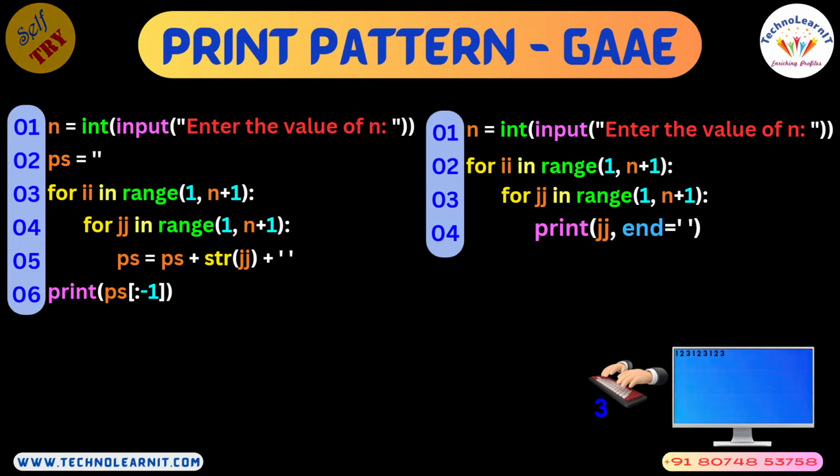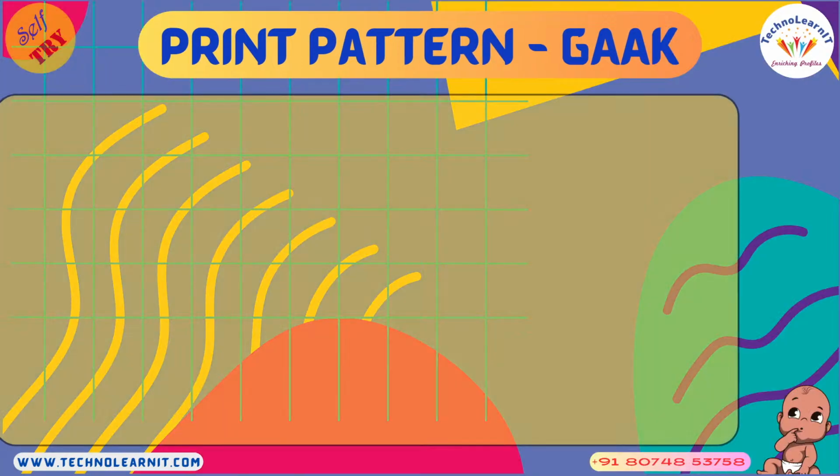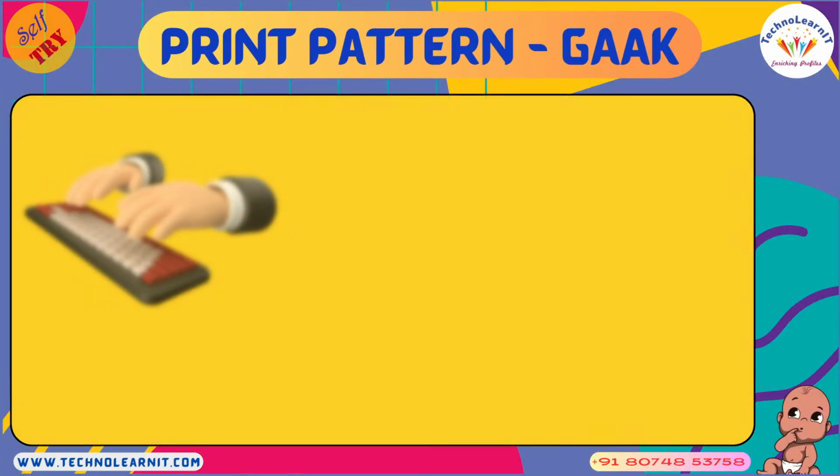All right. So this is how you will be calling the print function multiple times, whereas if you are allowed to use string related operations, you can use print only once, right? That is a key difference between these two approaches. All right, let's move on to the next pattern.